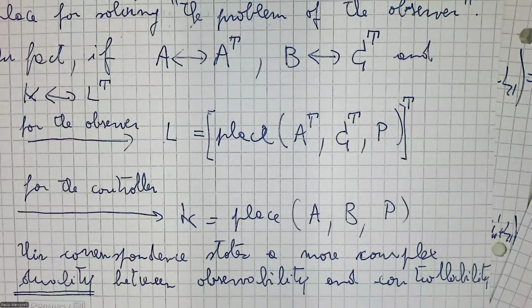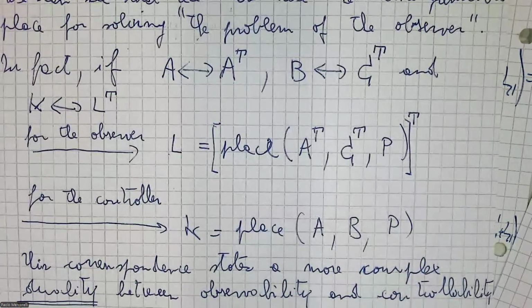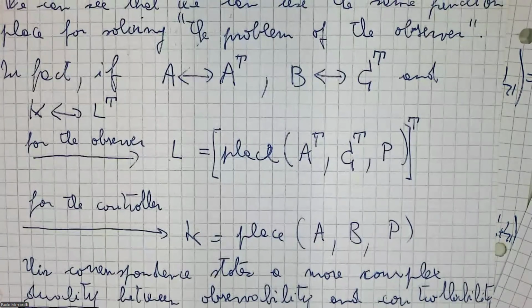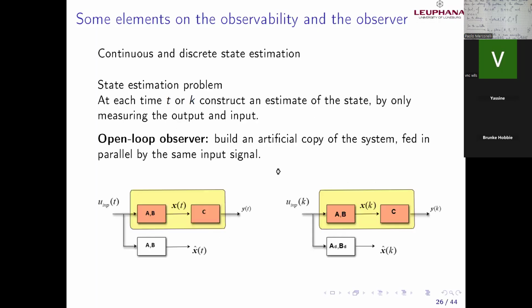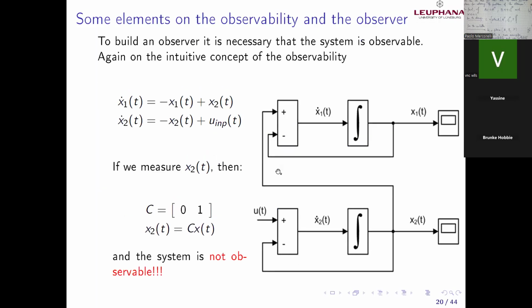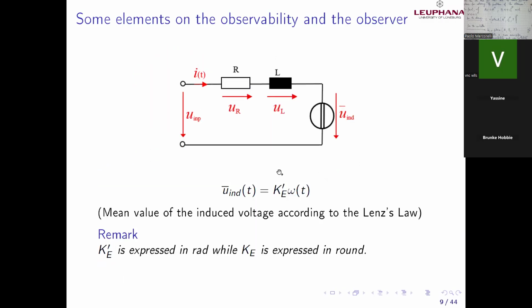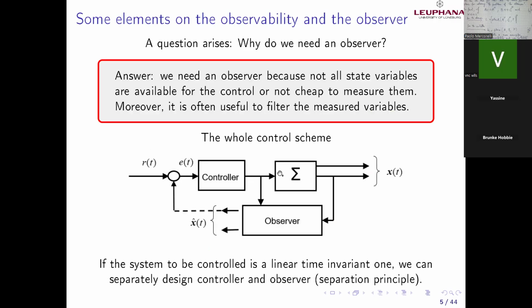At the end, and we conclude, and then we will reconsider in the afternoon today, why am I considering an observer? Not only because I am curious to know what happens in the system, but very often, look at the scheme here.